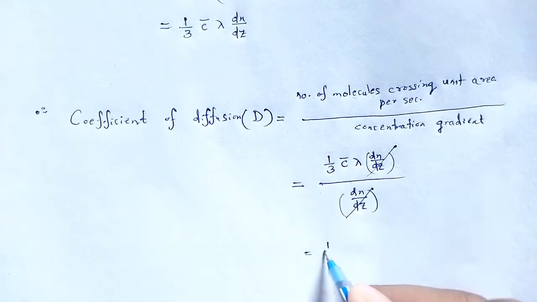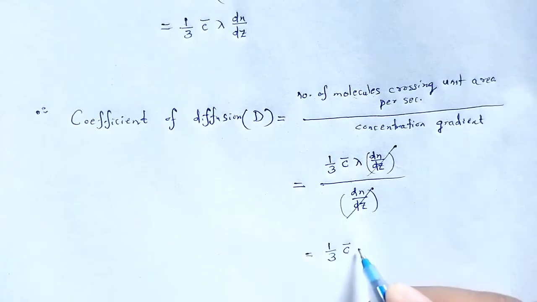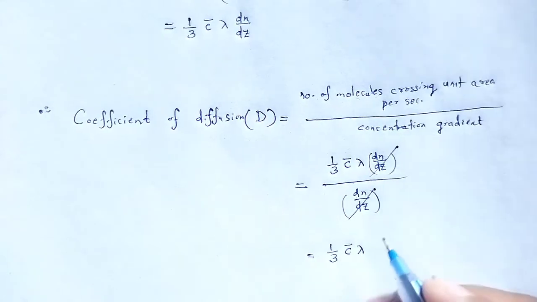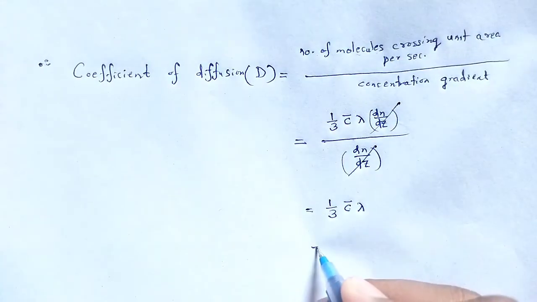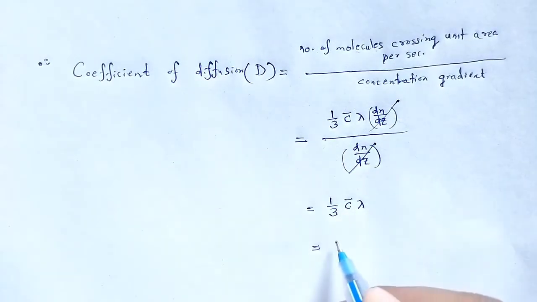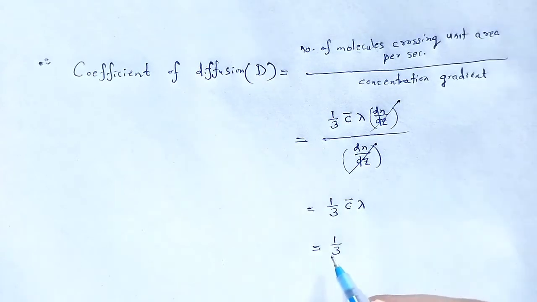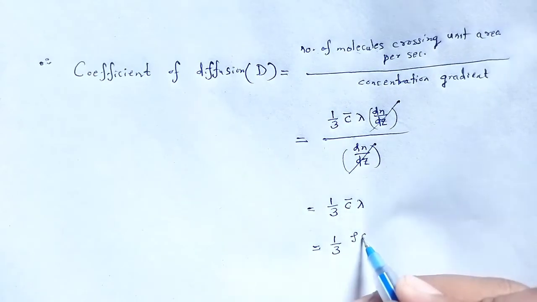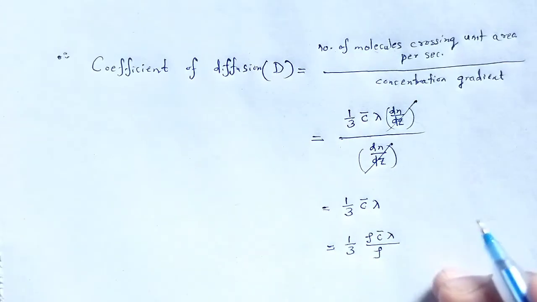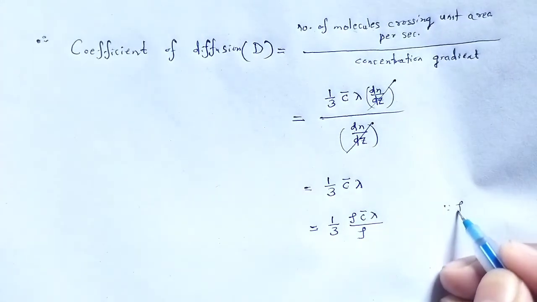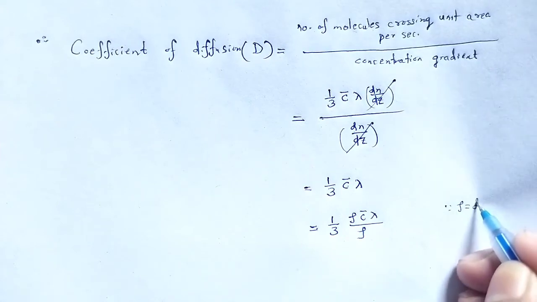We have 1 by 3 c bar lambda. Let me multiply rho in the numerator and denominator. We have 1 by 3 rho c bar lambda divided by rho. There will be no such change. Rho is the density.